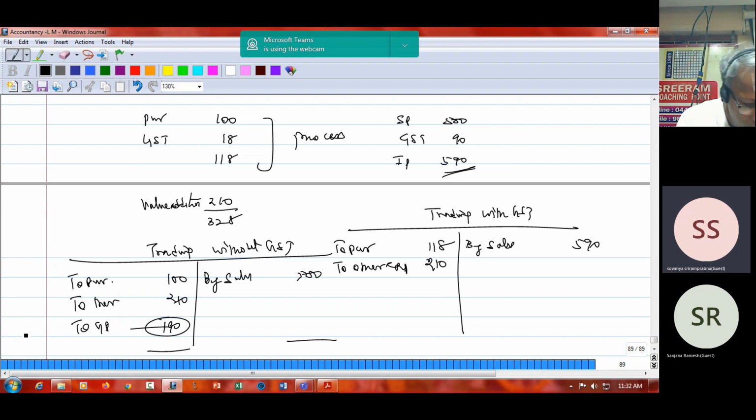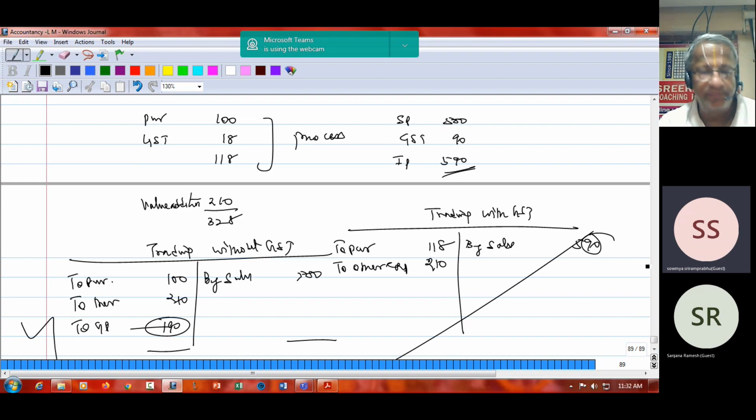This is the true profit. Here, 90 rupees I have to collect from the customer, and 18 rupees I pay to the seller. So how much am I expected to pay to the department? 72.